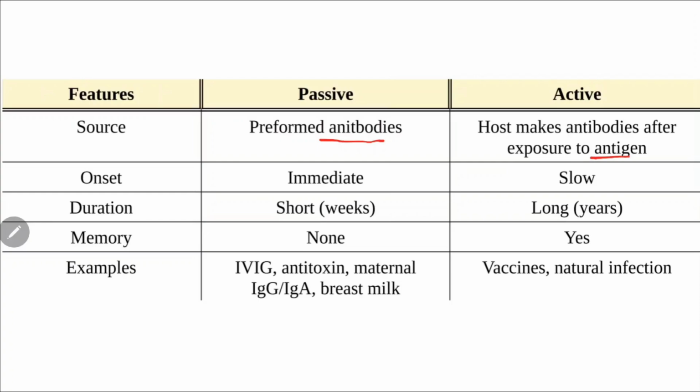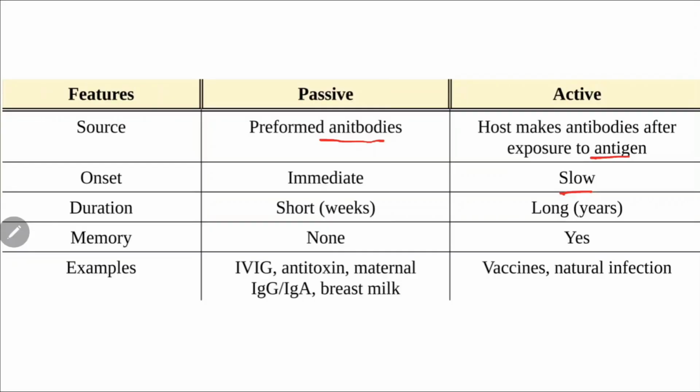Now, passive immunity is quick with onset because the antibodies are literally introduced into your body and they immediately start performing their functions. But in active immunity, the onset is slow because your body has to create those antibodies first. Next, passive immunity is short lived because the transferred antibodies are gradually broken down by the body, and since no memory cells are formed, they cannot be replaced.